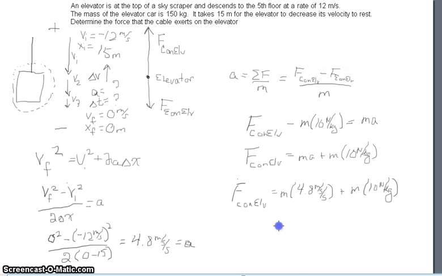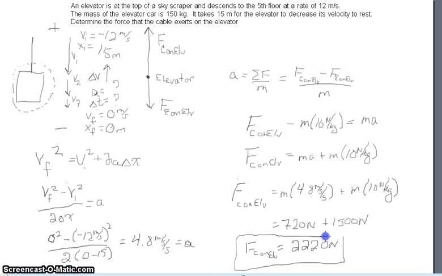If we substitute the mass in, we're going to get 720 newtons plus 1500 newtons. All right, that will end up equaling 2,220 newtons would be the force of the cable on the elevator. All right, box that and we are good to go.